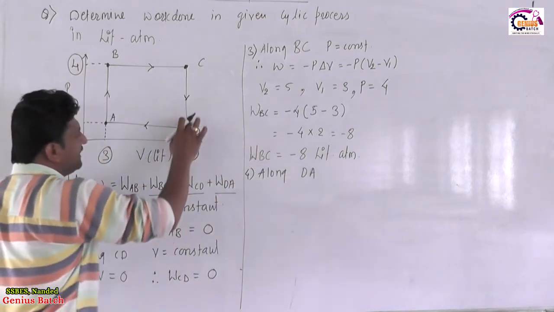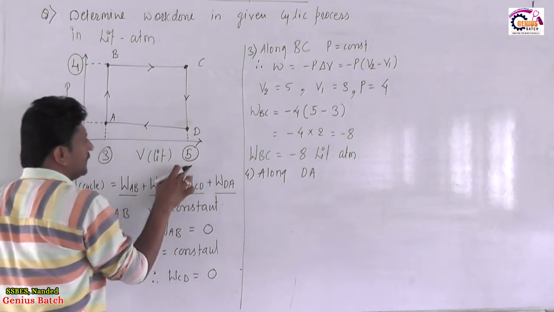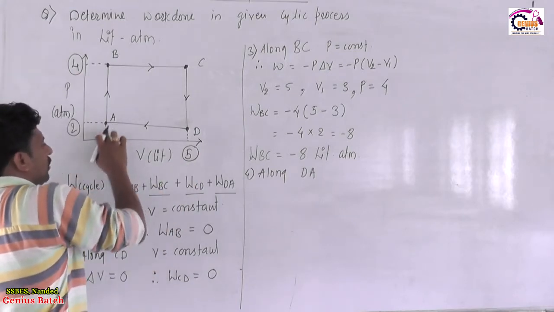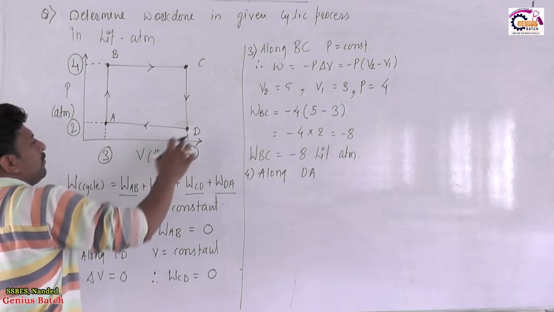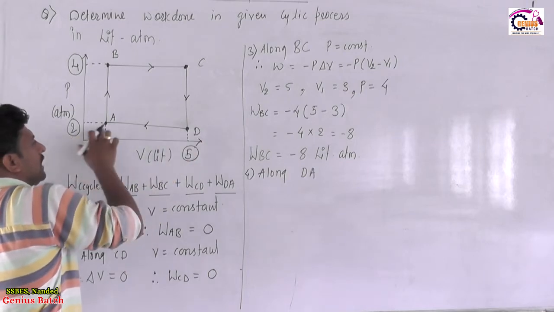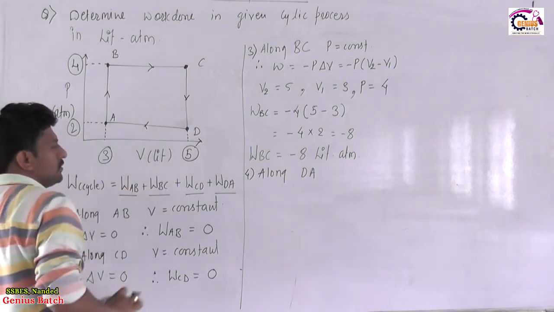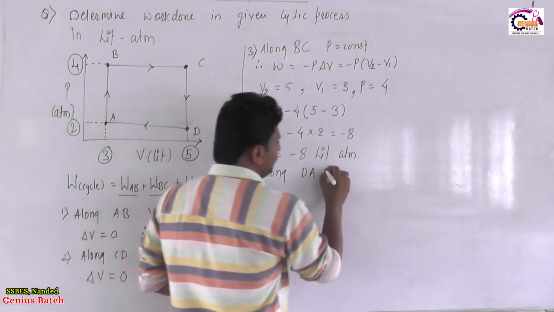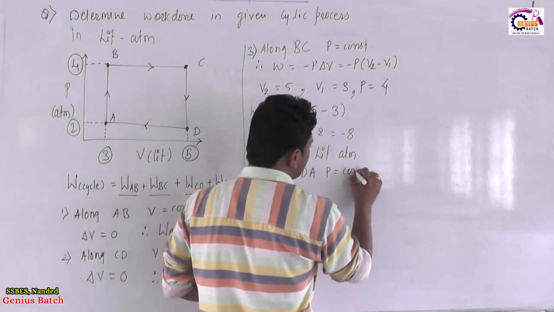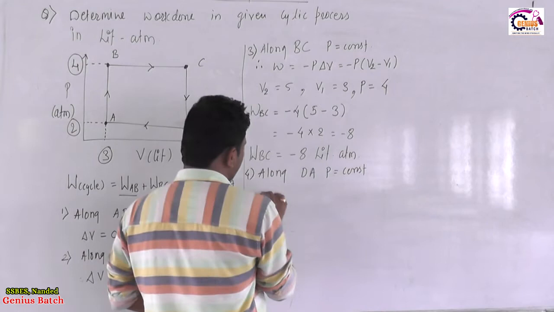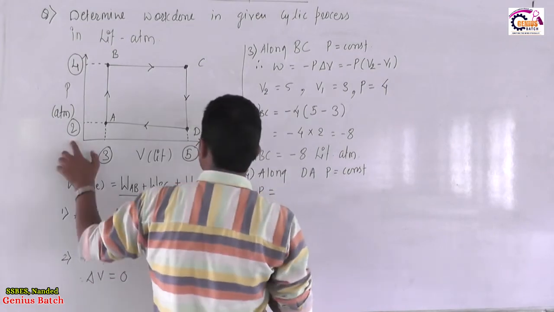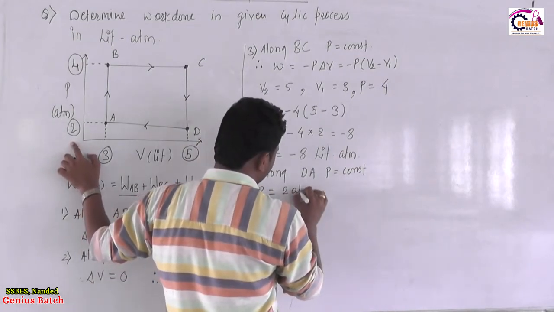Now at point D, volume is 5. At point A, volume is 3. At point D, pressure is 2 and for A again 2. So along DA, pressure P is constant and this constant pressure P is equal to 2 atmosphere.